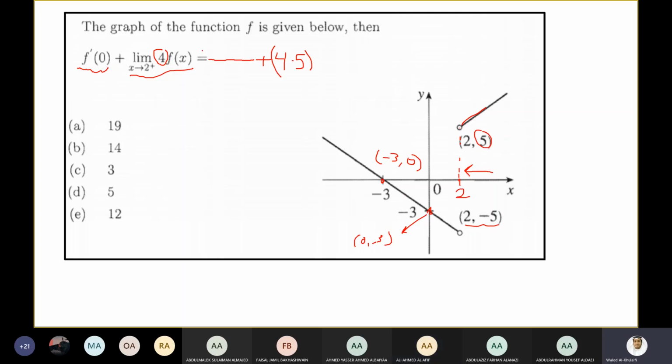So for example, you can say 0 minus -3, I'm subtracting in this direction, over -3 minus 0. So this will give us 3 over -3, which is -1, plus 4 times 5, which is 20. And this will be 19, which is the first answer. Okay.